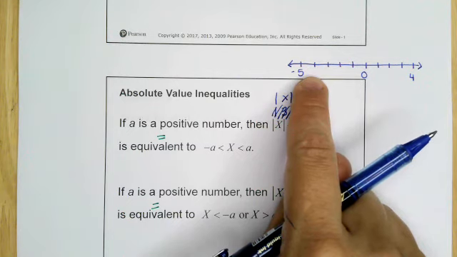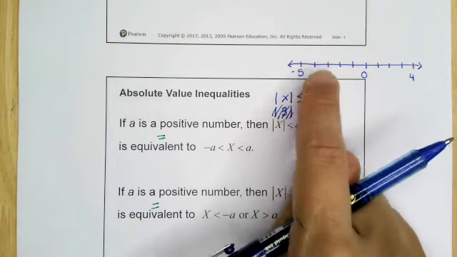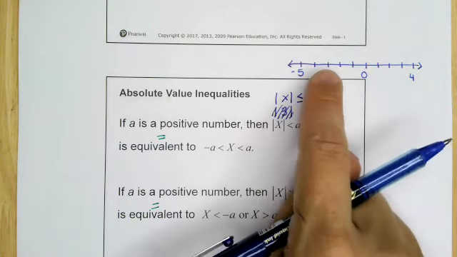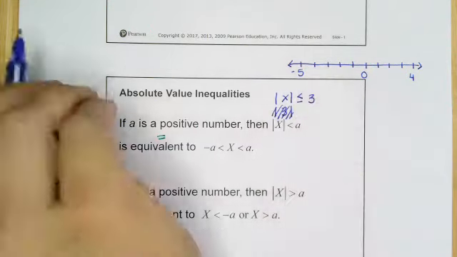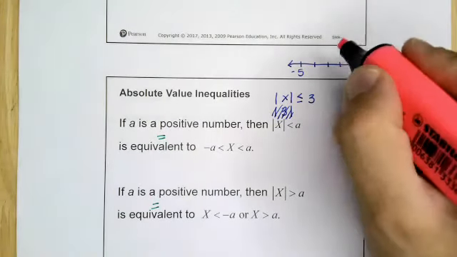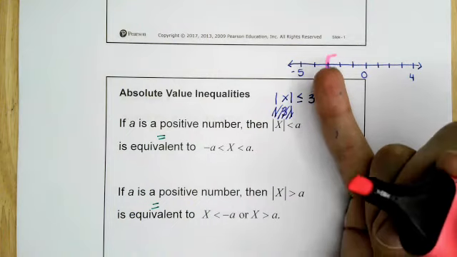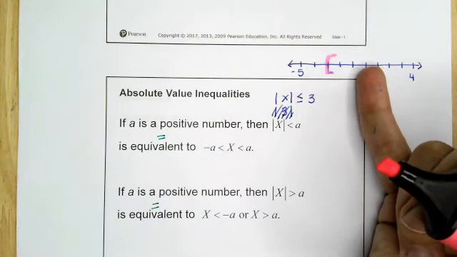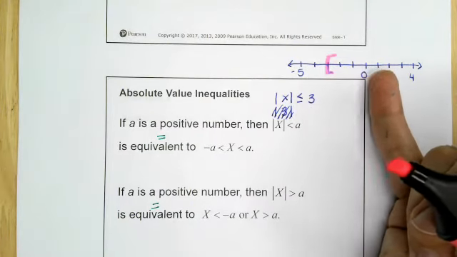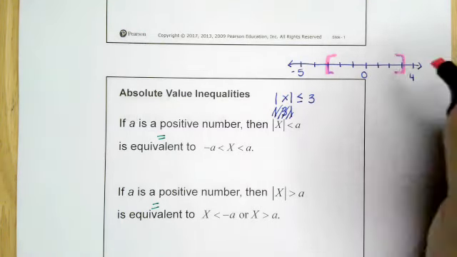Can't be -5, right? The absolute value of -5 is 5. That's not smaller than 3. Can't be -4. It could be 3, right? It could be anything smaller than 3 on the negative side. It could be anything smaller than 3 on the positive side. But it can't be bigger than 3.